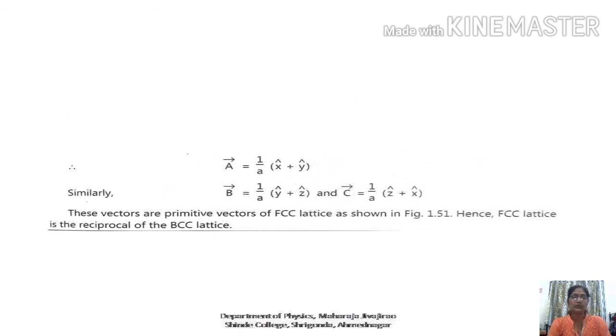Solving this, we will obtain the value of A is equal to 1 upon small a into x cap plus y cap. Similarly, one can obtain the value of B as 1 upon a into y cap plus z cap, and vector C as 1 upon a into z cap plus x cap, where capital A, B and C are the reciprocal lattice vectors.